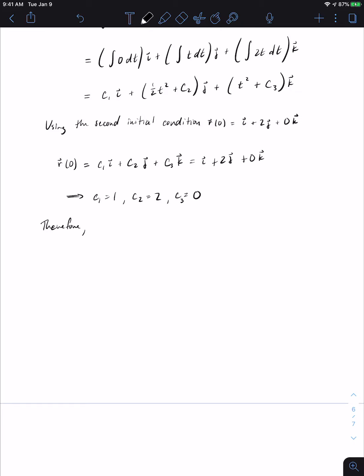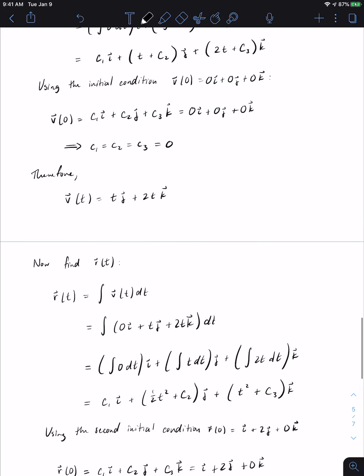Therefore, r of t is going to be equal to 1, so i, plus 1/2 t squared plus 2, so j, plus t squared k. Now, is that my final answer?